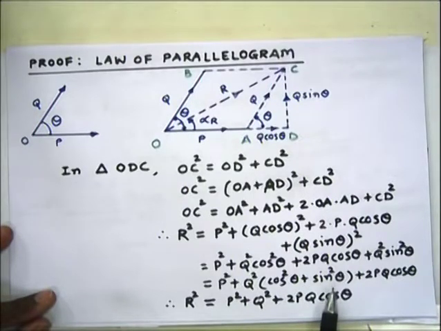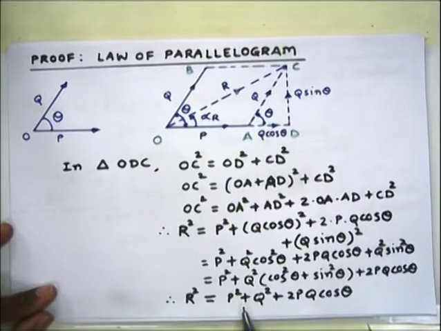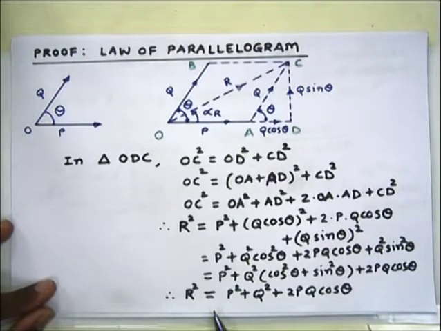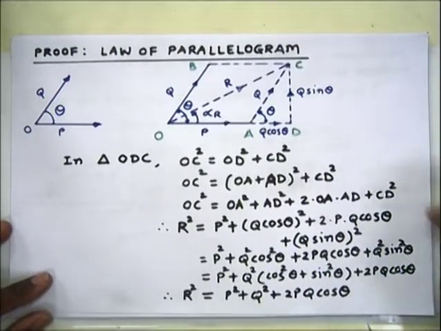That is also something you have learned in mathematics. So here R square is now given as P square plus Q square plus 2PQ cos theta. And if you want to find R, then R is given as the root of all these terms. So this is how the formula of R comes.